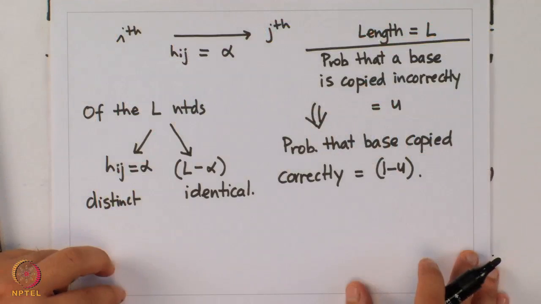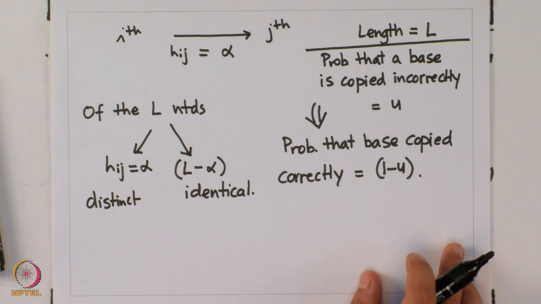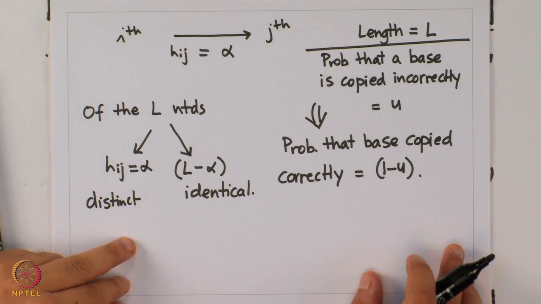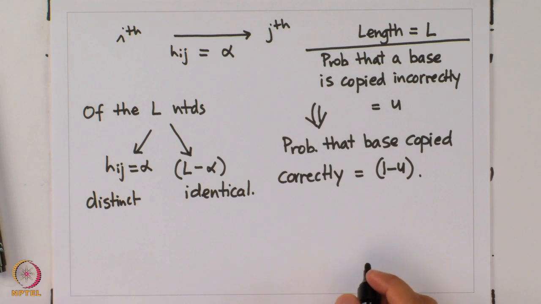So, we do know that of the total number of L nucleotides that are present in these two sequences, L minus alpha have to be copied correctly.